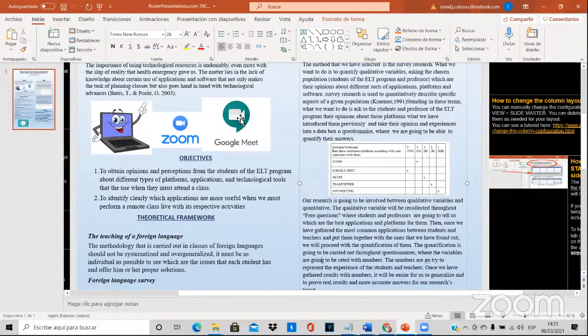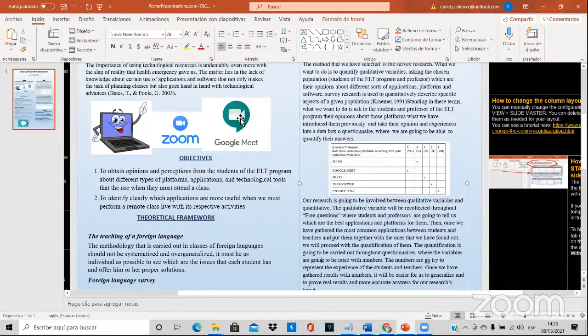So what would the research objective be? In clear words, it's to know which applications are better for teaching a distance class.